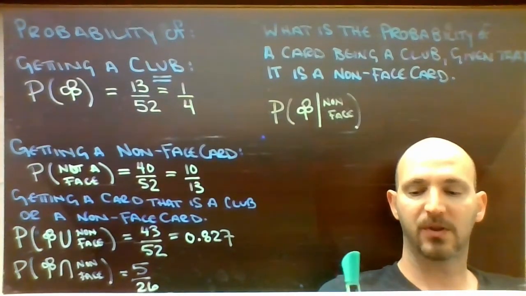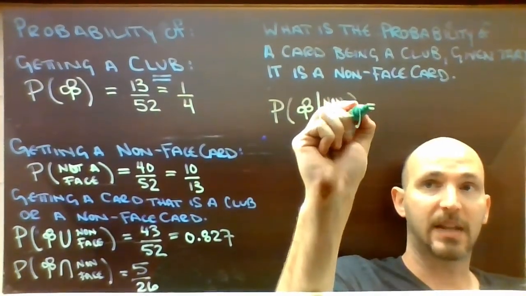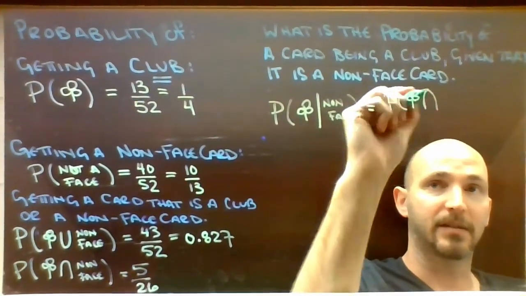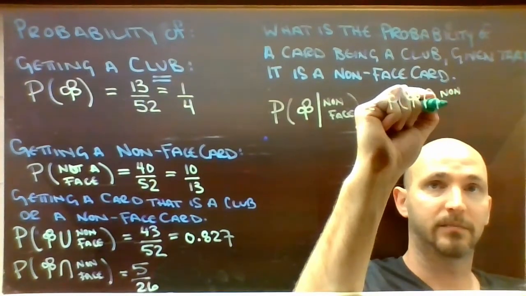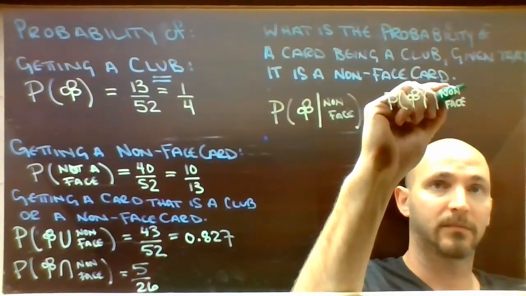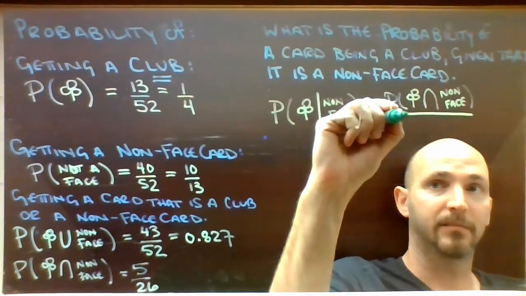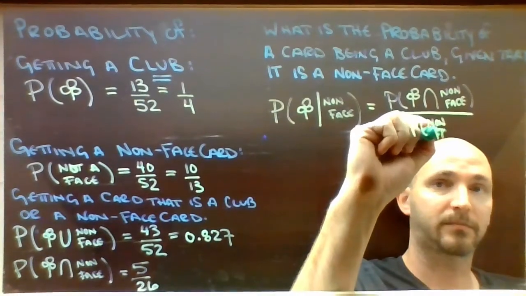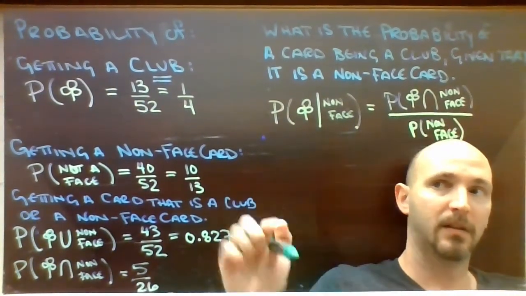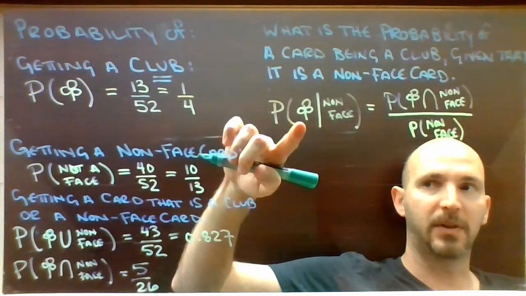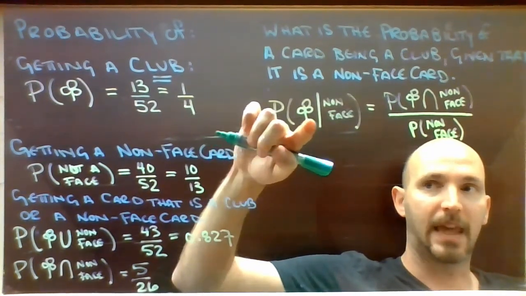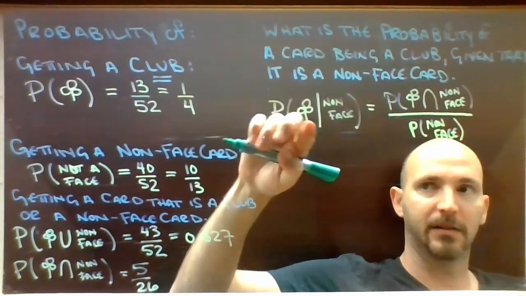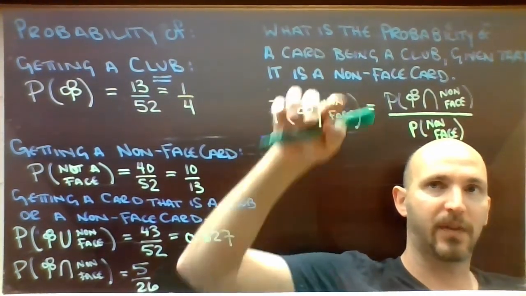The way that you're supposed to arrive at this numerically is to take the probability of it being a club and a non-face card and divide it by the probability that it's a non-face. So when you read these, the probability that it's this, given that, you notice that the non-face went in the denominator here, and the club and non-face went in the top.